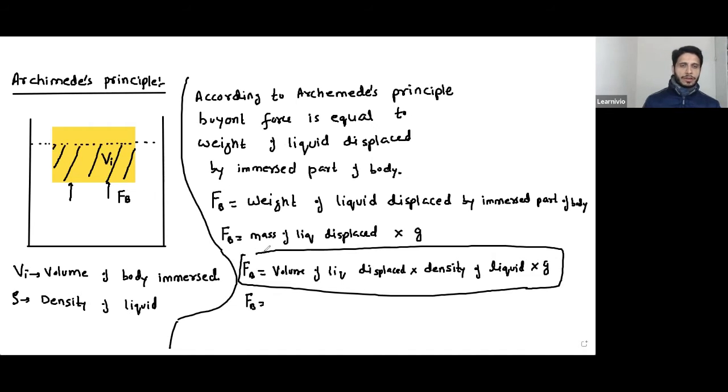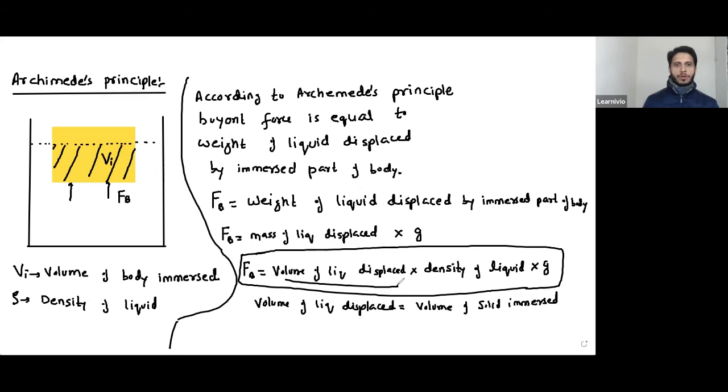You can write one more thing here. How much liquid is displaced is equal to the volume of the solid immersed. So you can write that volume of liquid displaced is equal to volume of solid immersed. Both the volumes are equal. This is the volume of that liquid displaced by the body.